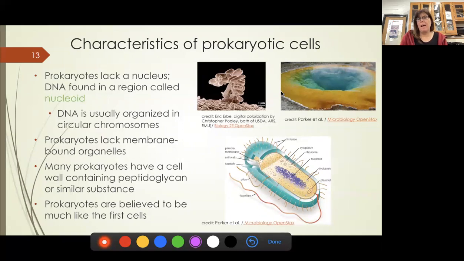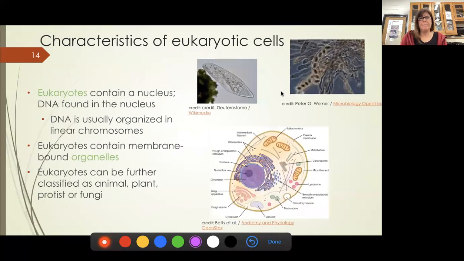When you take microbiology, you'll learn that there are 2 types of cell walls, gram-positive and gram-negative, and you'll study the difference between the 2. Prokaryotes are believed to be very similar to the original ancestral cell. So we started with prokaryotes and then became more complex into eukaryotic cells.